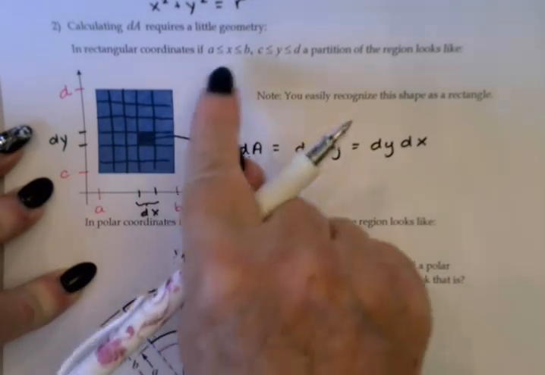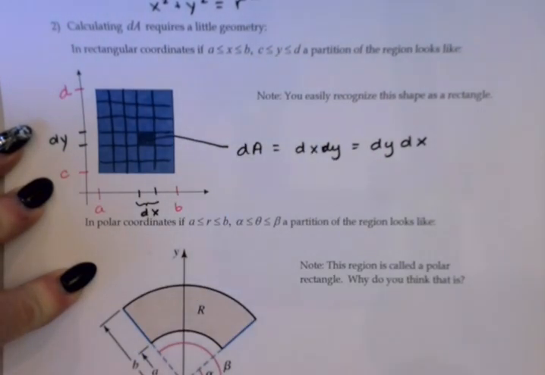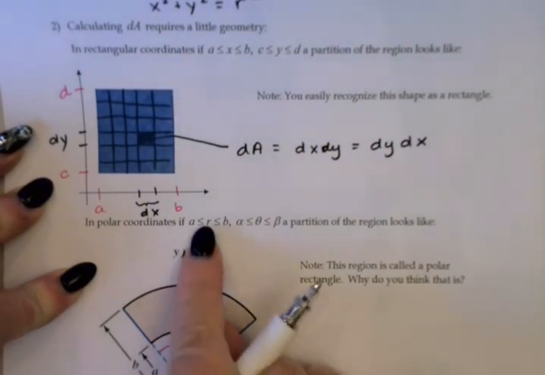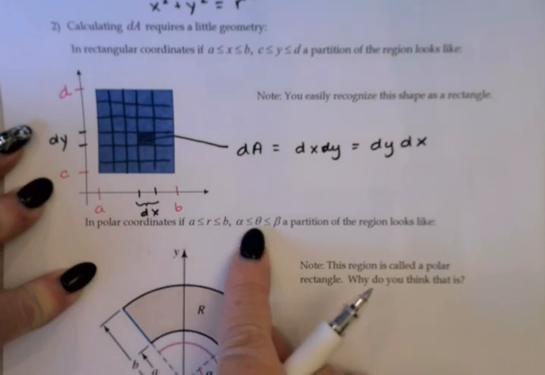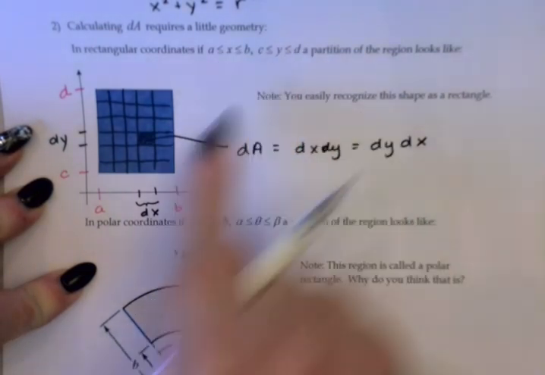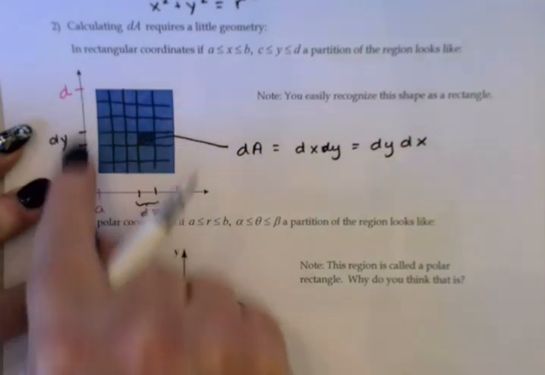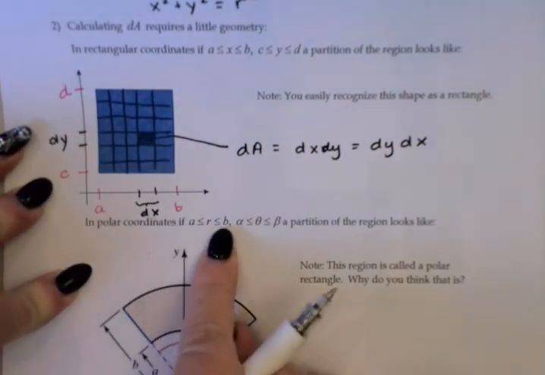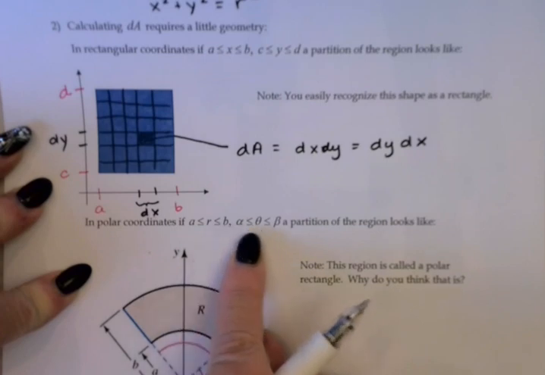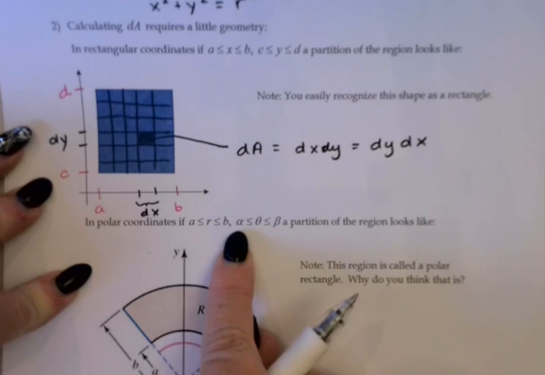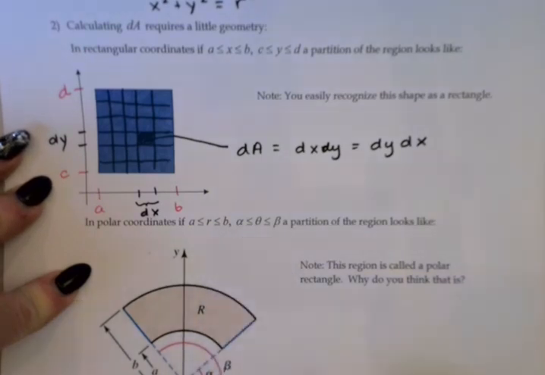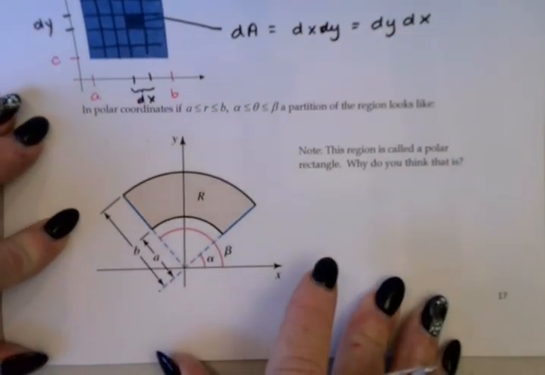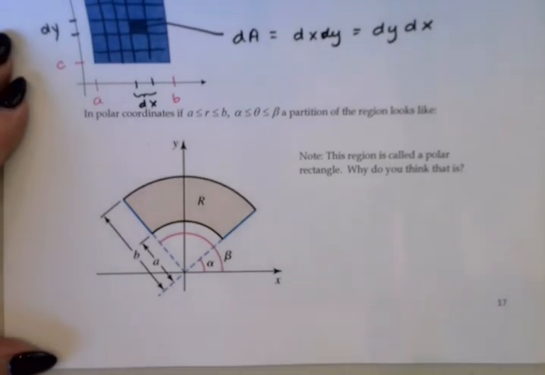In polar coordinates, instead of x and y, our variables are r and theta. Just like x and y went between constants, I'm going to set r as between two constant values, a and b, and theta also between two constant values, alpha and beta, following the tradition of using Greek letters to describe angles. What does that look like?